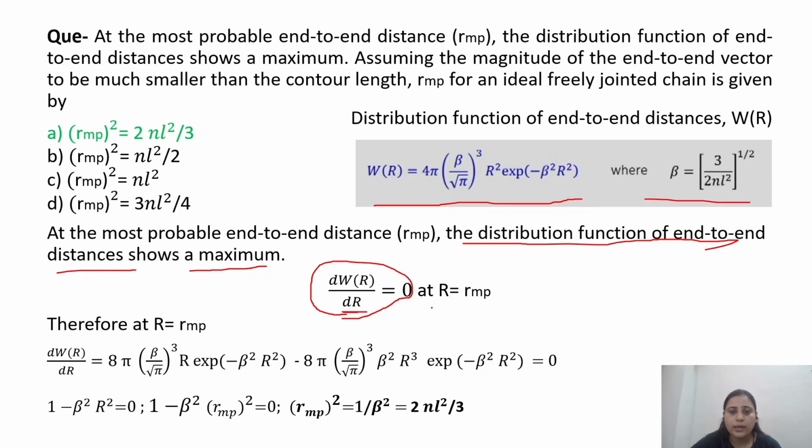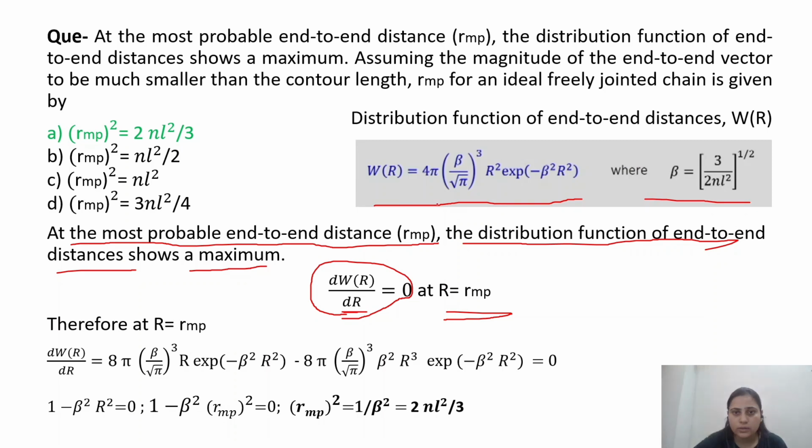For the maximum, the first derivative should be 0, at r equals r_mp, the most probable end-to-end distance.